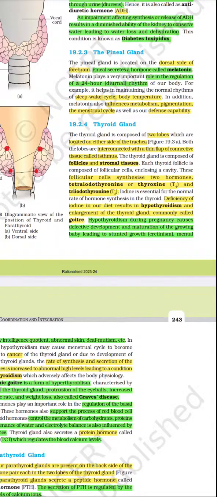Iodine is essential for the normal rate of hormone synthesis in the thyroid. Deficiency of iodine in our diet results in hypothyroidism and enlargement of the thyroid gland, commonly called goiter.